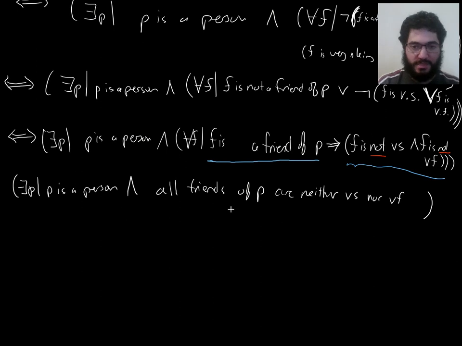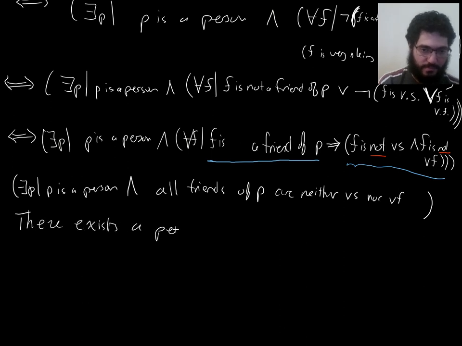Okay, so that was one step, working on the inside of trying to get it to be written in English rather than symbolically. Then, now this overall is saying there exists a person who has this property, that all of their friends are neither very skinny nor very fat. You notice how when I write it in English, I managed to get it so that I'm not mentioning the quantified variables.